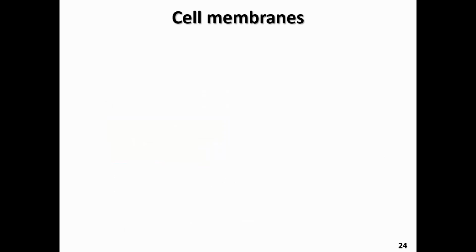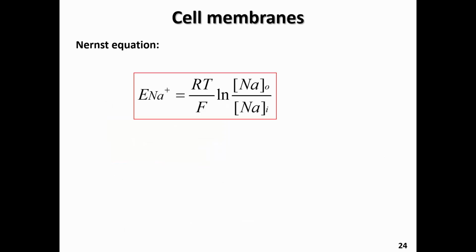As an example, if we take a look at the Nernst equation for the sodium ion, we use the same equation, but the difference is that the numerator is the exterior or outside cell concentration, and the denominator is the interior concentration. Note, this is the sodium ion, so there should be a plus superscript on both of them.